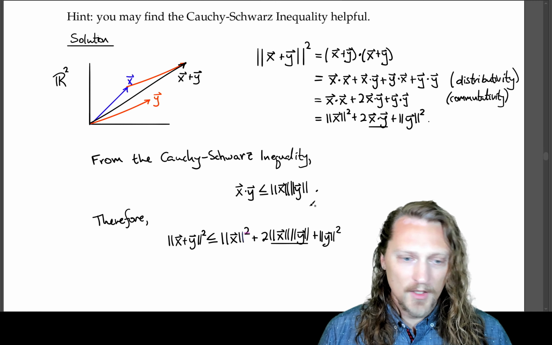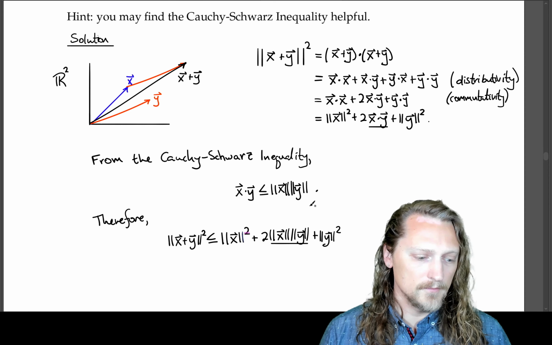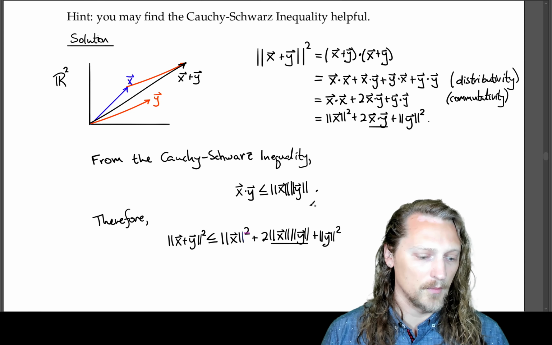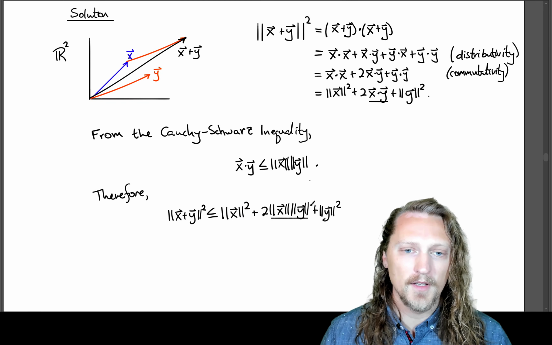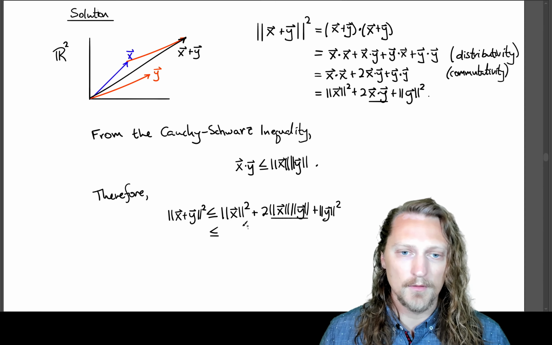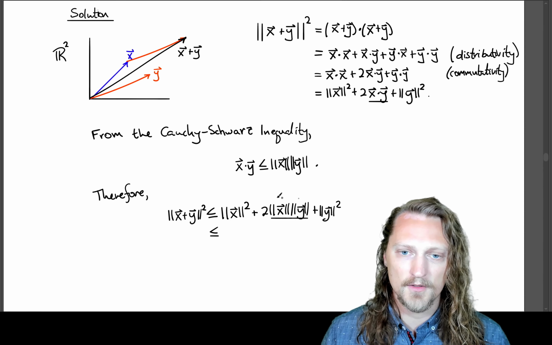We now have this inequality, and we have something very close to what we need, but we can take a couple additional steps. The first step is to factor. These are just scalars, right?